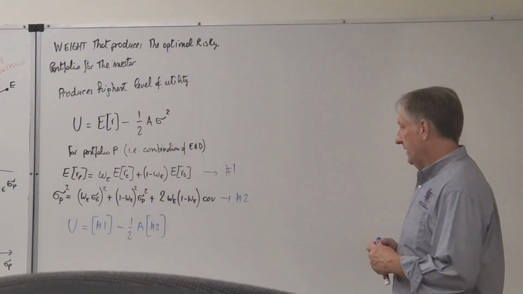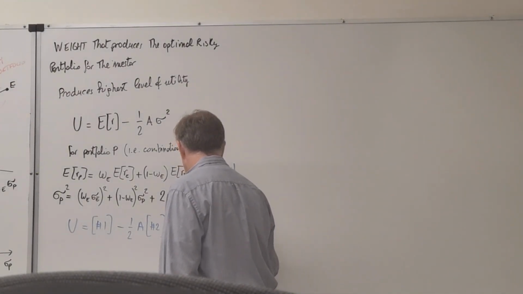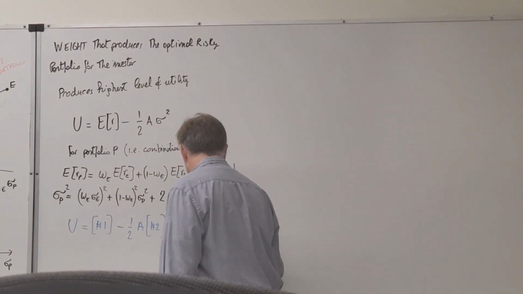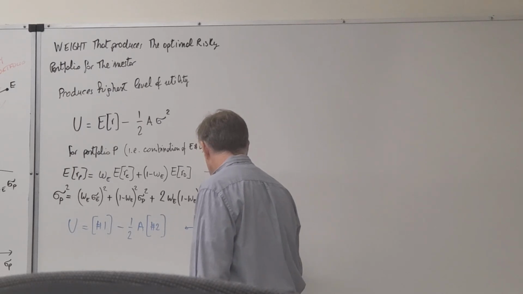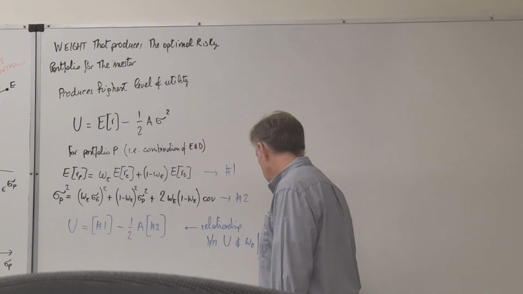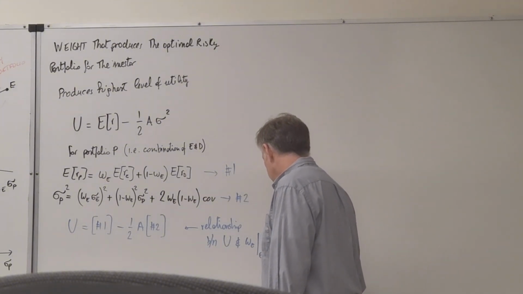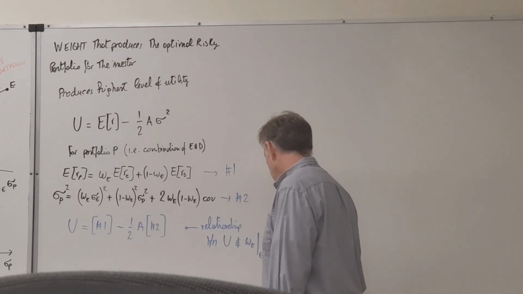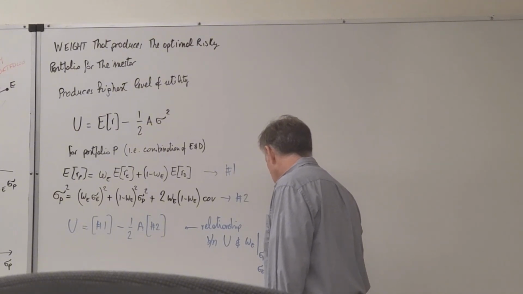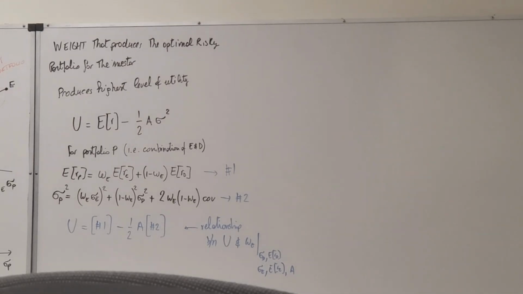So now this is giving me a relationship between the utility and the weight of equity given sigma D, sigma E, and A. Those are all the pieces of information that are given in the problem.